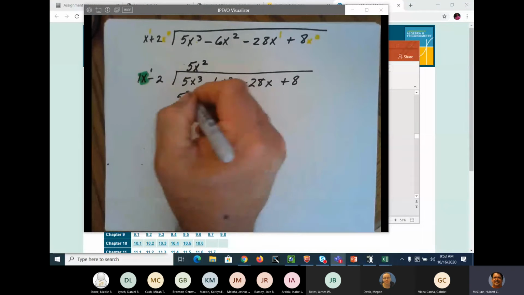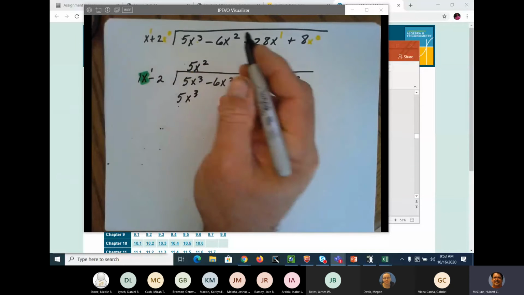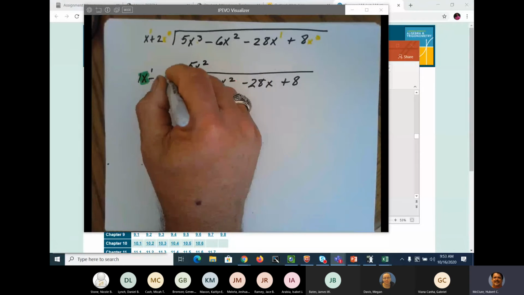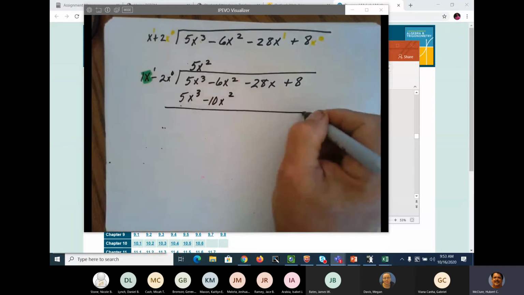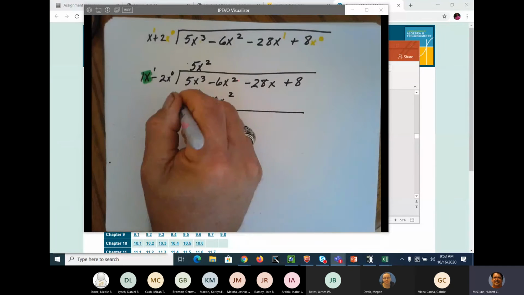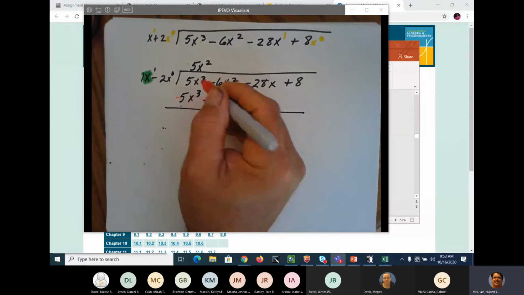X squared times x to the first is x to the third. 5 times -2 is -10. X squared times x to the 0 is x to the second. We always subtract, so that will make this a negative and make this a positive. And the left always cancels.